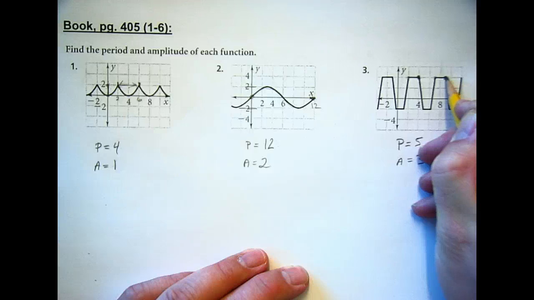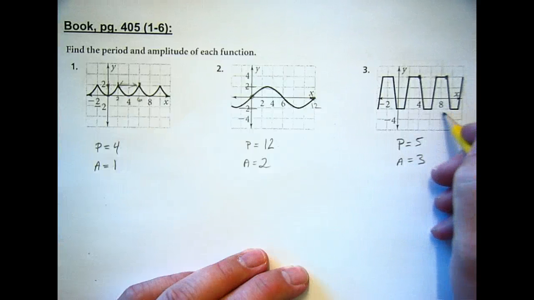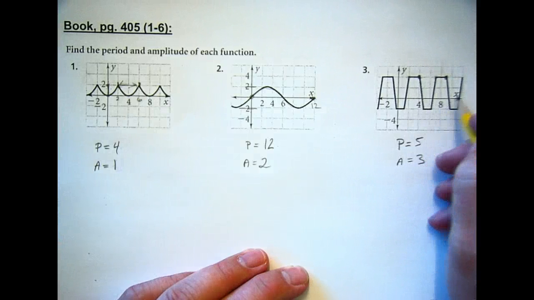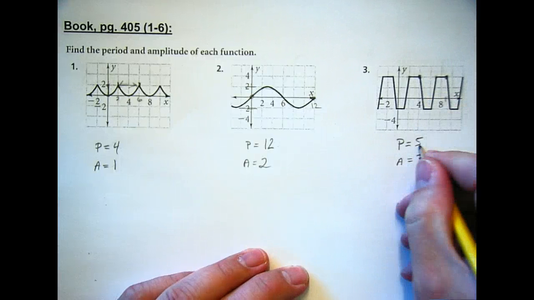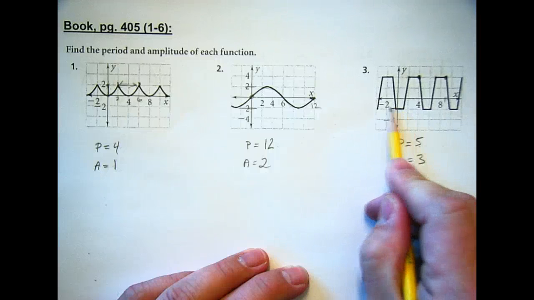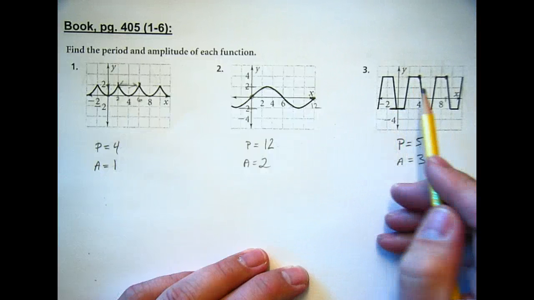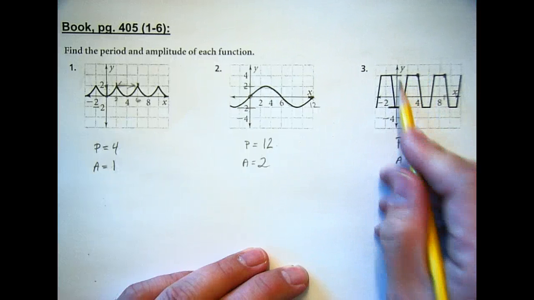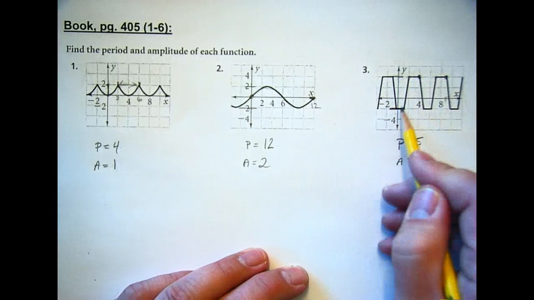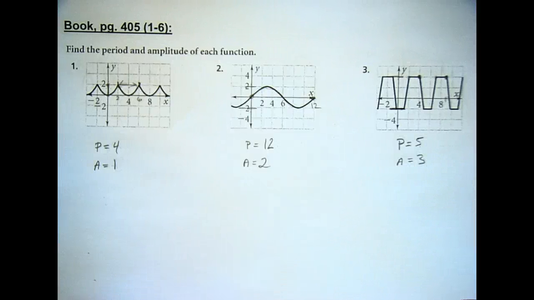Yeah, that looks good. Good call. 6, 8, this is 9. So 4 to 9 is 5. Amplitude goes from negative 2 to positive 4. So the length of negative 2 to 4 is 6. Half of that is 3. Well done.